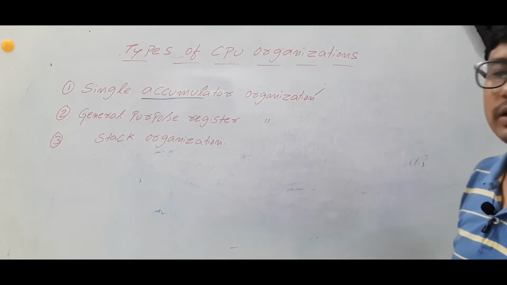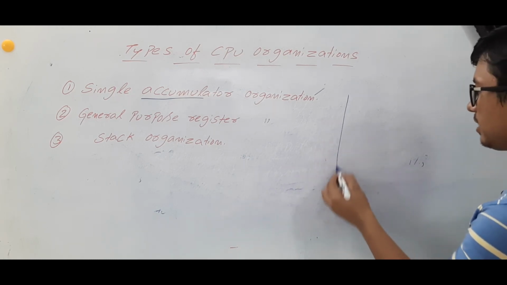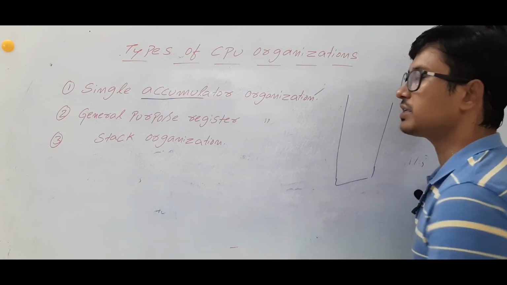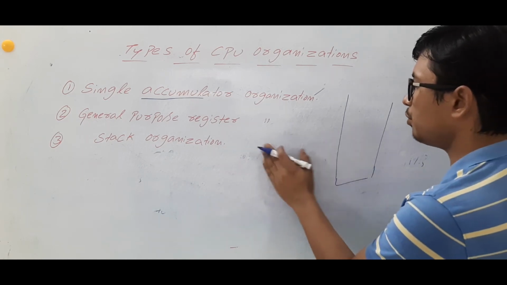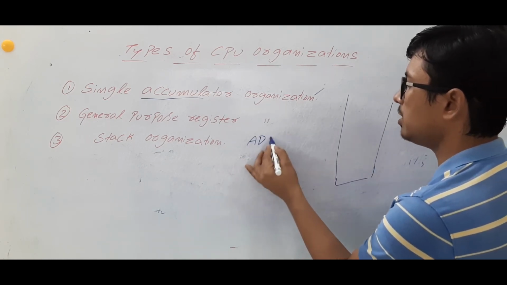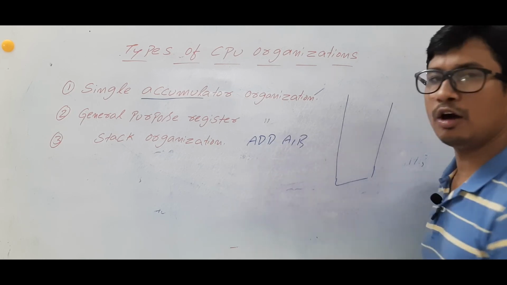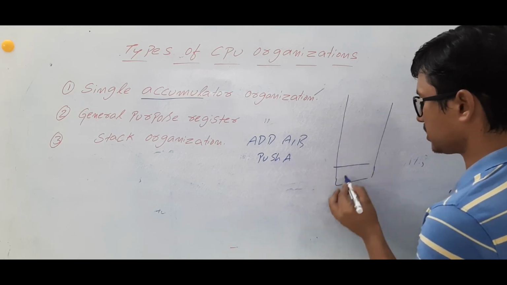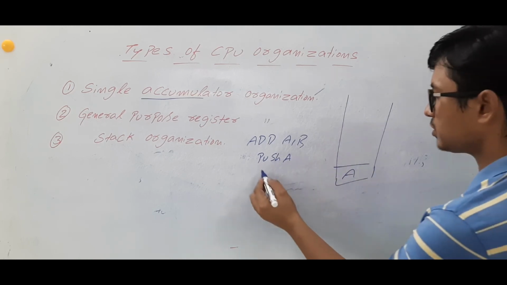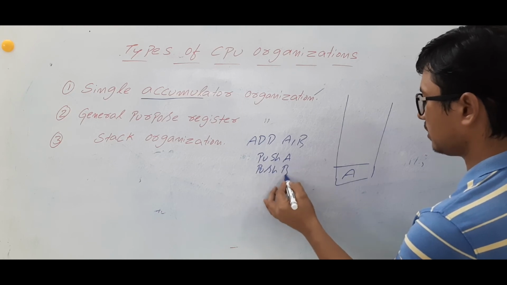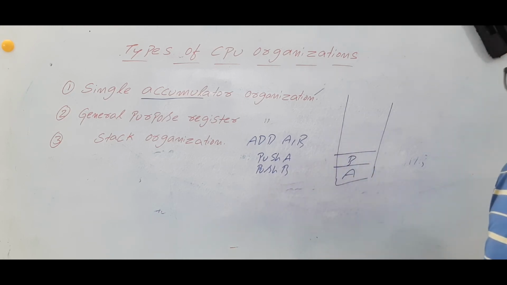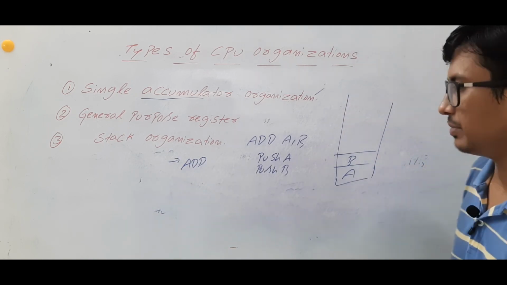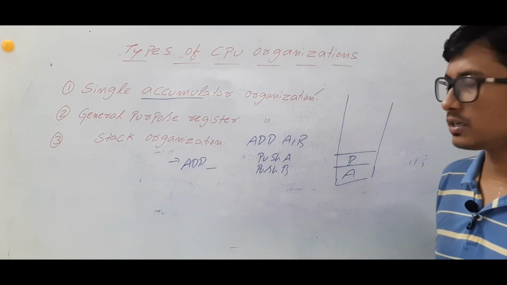Coming to the stack organization, we will have a stack, and using the stack we can perform the operation. Suppose you want to perform add a comma b. First you will push a onto the stack and push b onto the stack, and then you will perform the instruction add, which is a zero address instruction because the number of operands here is 0.